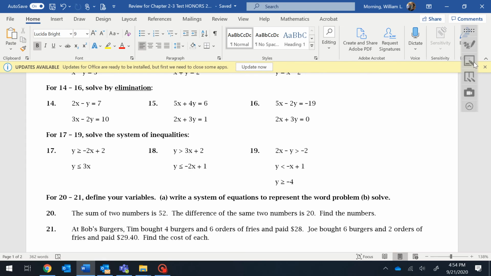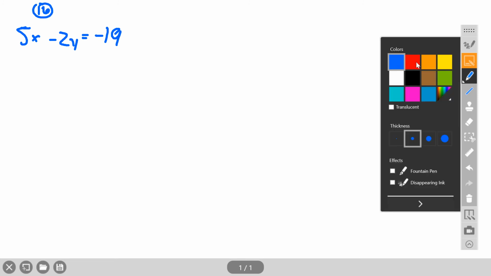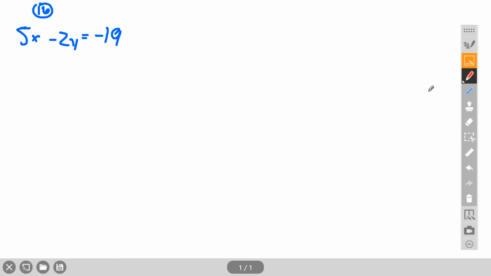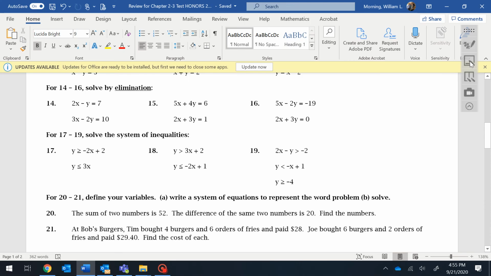Okay, number 16, 5x minus 2y equals negative 19. And then the second equation, 2x plus 3y equals 0.